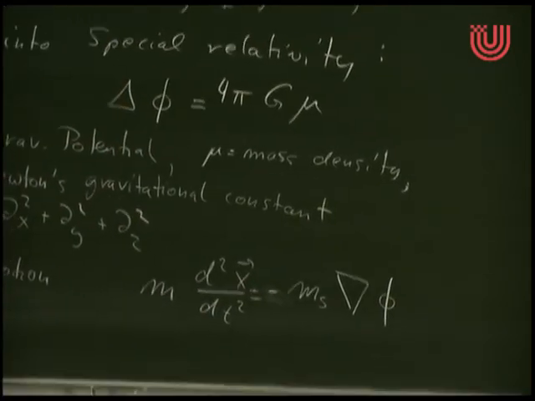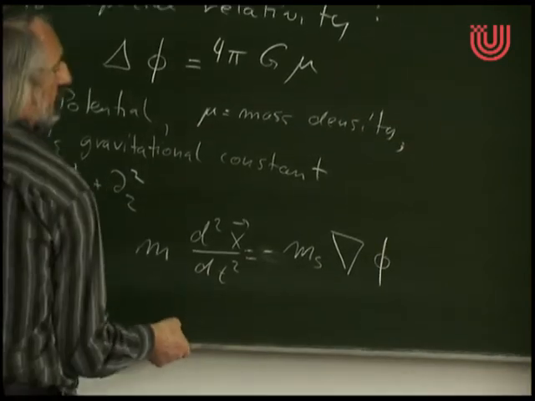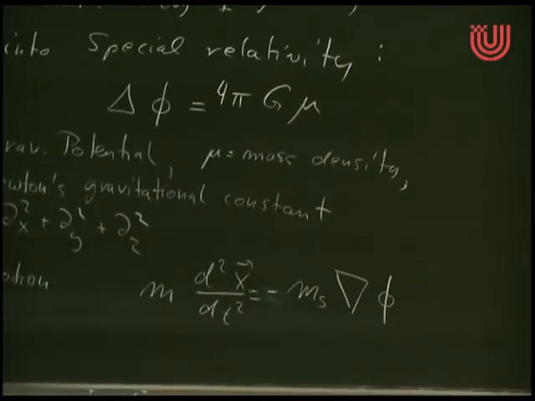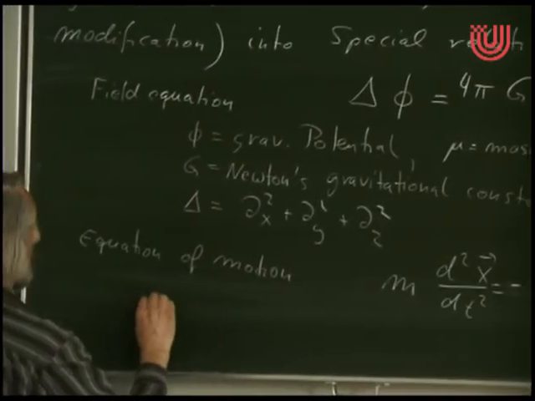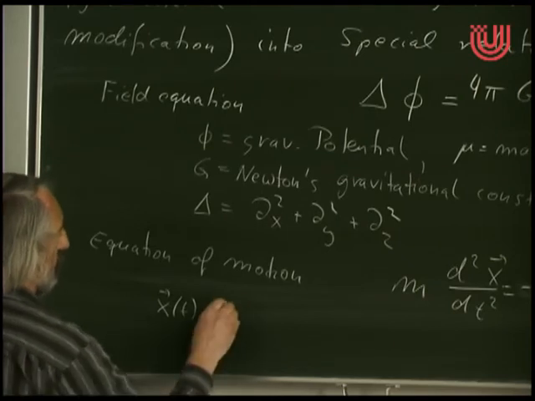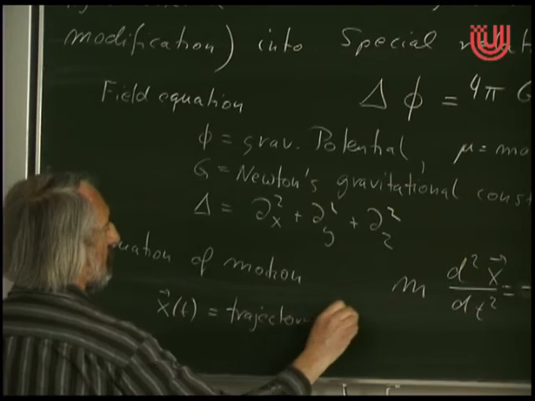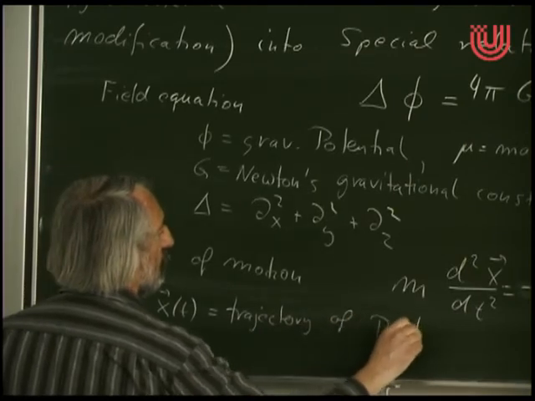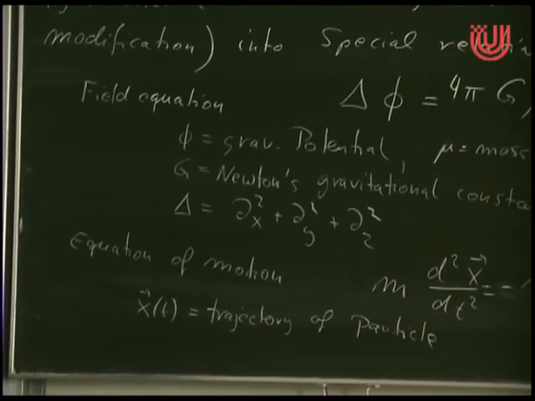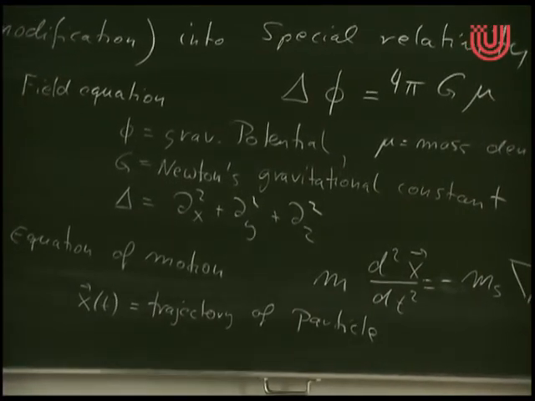Minus gradient of phi is a gravitational acceleration. And here the symbols are the following. So x, which is a function of t, is the trajectory of the particle which I throw into my gravitational field. And this equation gives me the equation of motion for the particle.